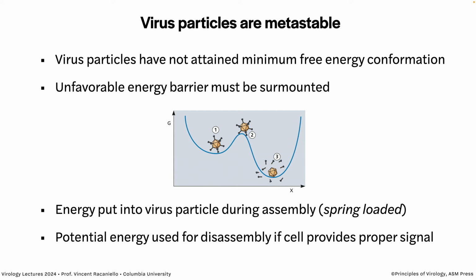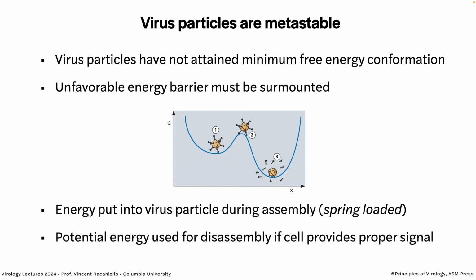We call them spring-loaded as a consequence. You can imagine a spring being compacted into a virus particle, and then it's released, and the energy that is released during uncoating is used for disassembly of the particle, but only if the cell provides the right signal to get the particle over that unfavorable energy barrier.